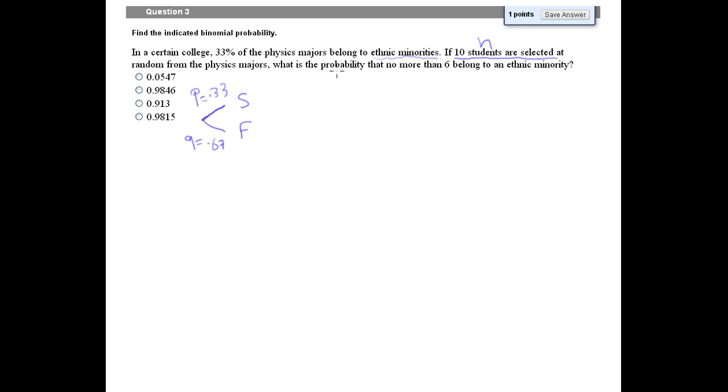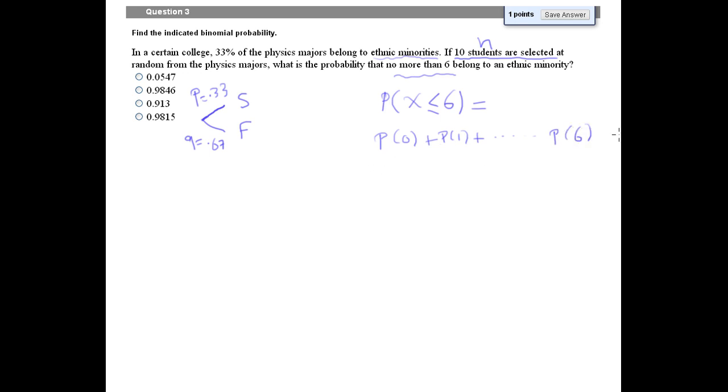Now the question says, what's the probability that no more than 6 belong to an ethnic minority? That's 6 successes, maximum 6 successes, no more than 6. So I want to find the probability that x is smaller than or equal to 6. That means the probability of 0 plus the probability of 1 plus the probability and so on until you reach the probability of 6.